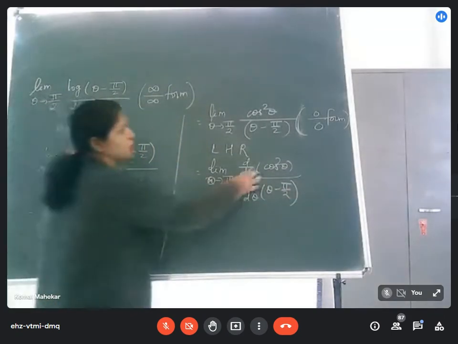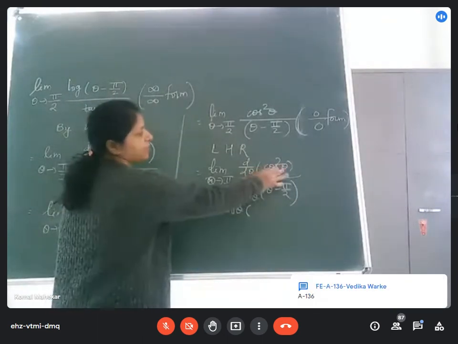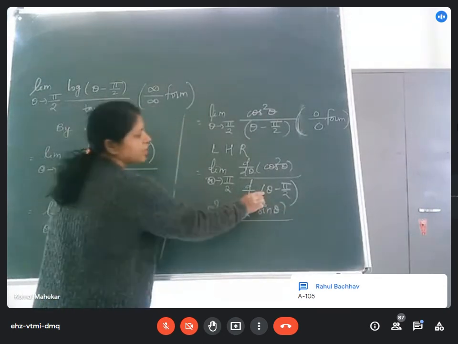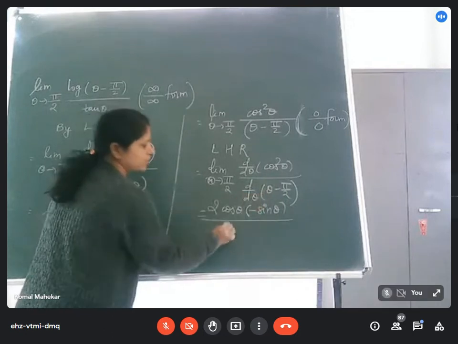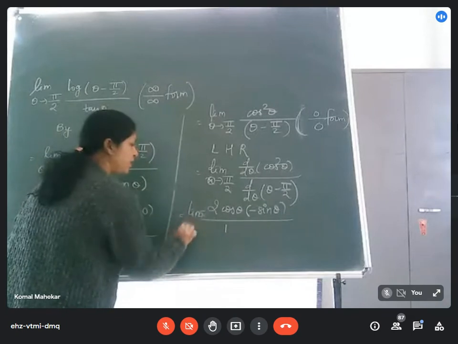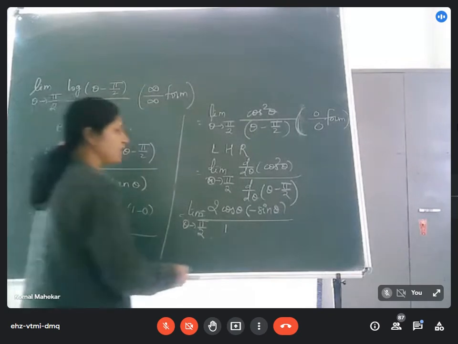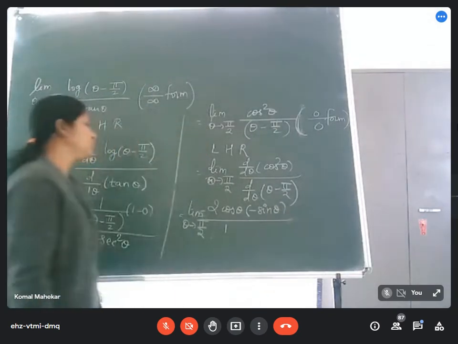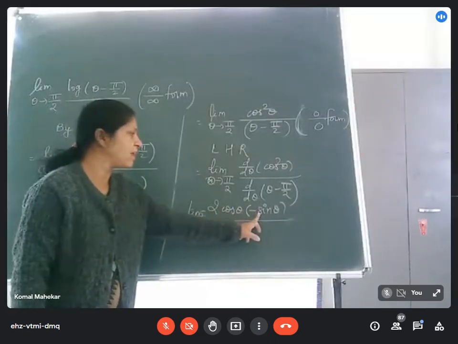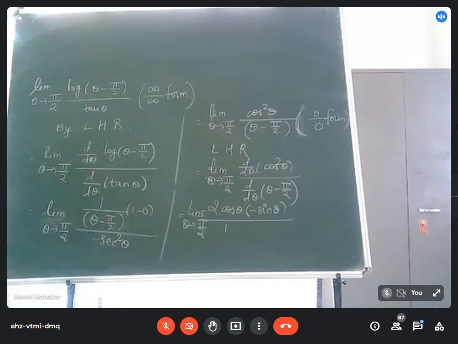Now the derivative of cos square theta is 2 cos theta into, by the chain rule, the derivative of cos theta, which is minus sin theta, divided by the derivative of (theta minus pi by 2), which is 1. Now apply the limit as theta tends to pi by 2 and put theta equal to pi by 2. This becomes 2 into cos pi by 2 into minus sin pi by 2 upon 1.